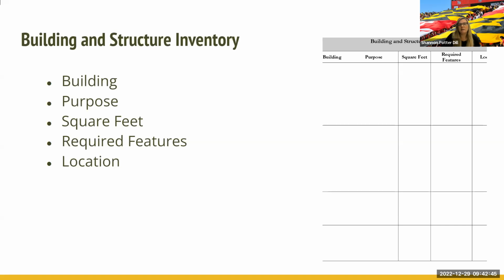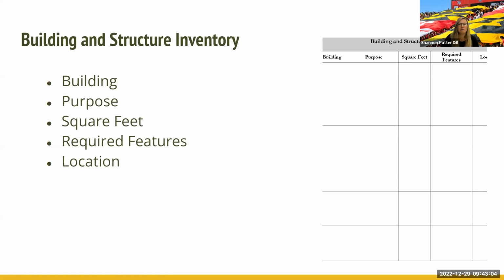So this is sort of a building and structure inventory. A very important piece, especially if you're doing some planning, because these are permanent structures, right? So you build a barn, you can't move it next year when you wish you had it in a different spot.